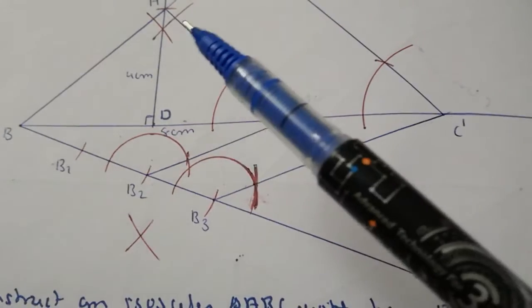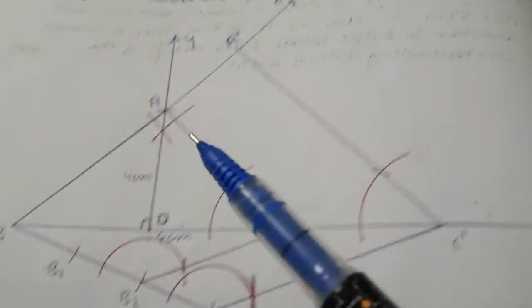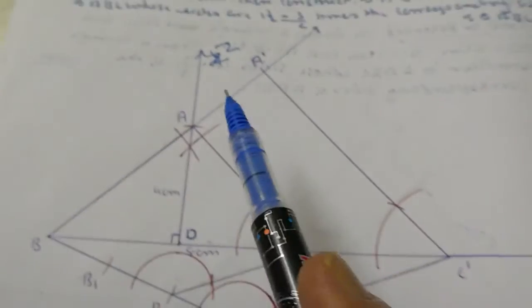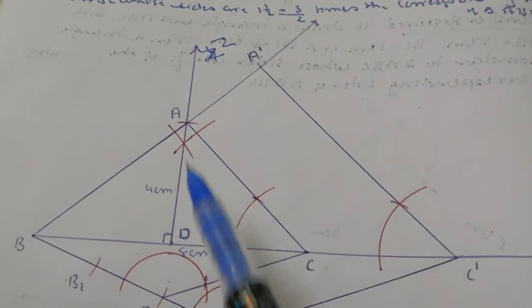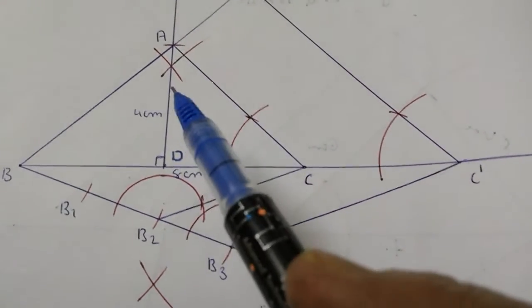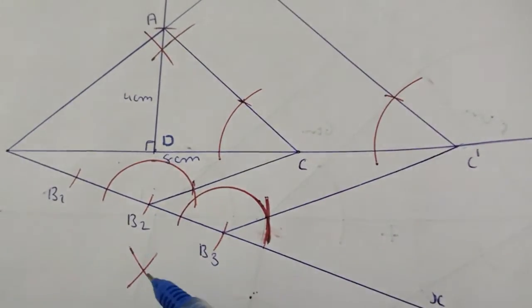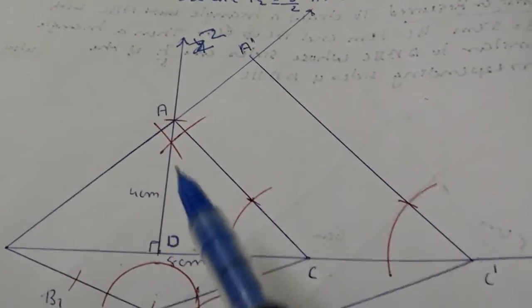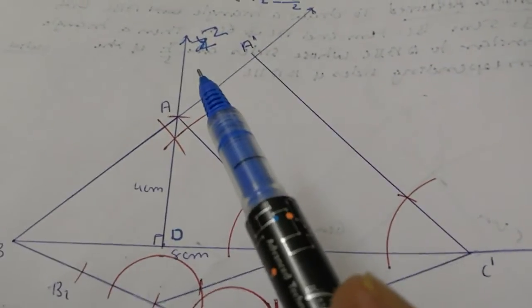With this point and this point you are going to draw a ray, let it be DZ, passing through these intersecting points. You are going to keep your scale in such a way that this intersecting point and this intersecting point are in a straight line, so that you will get a ray DZ.